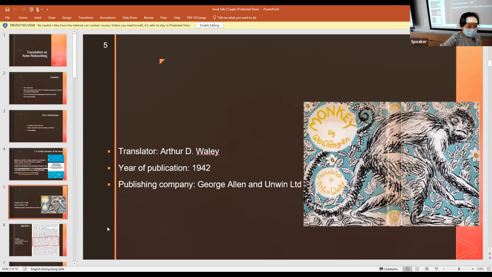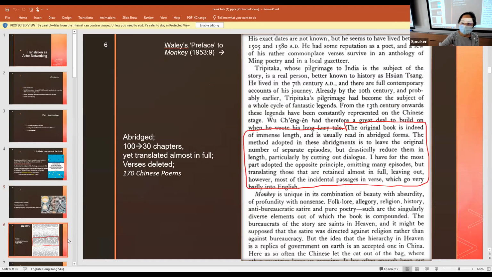Monkey was translated by Arthur David Waley and published by George Allen and Unwin Limited, a publisher based in London, and the year of publication is 1942. Waley's translation was actually not a full translation of the original.